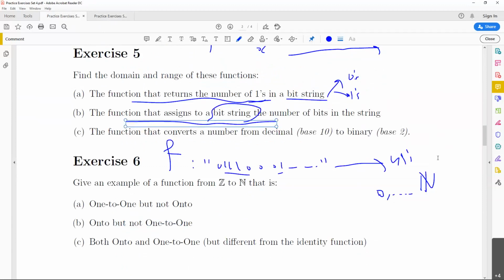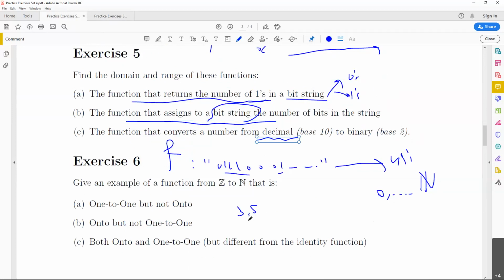Last one, the function that converts a number from decimal base 10 to binary base 2. So here decimal, they don't mean decimal like 3.5 or like the points system. It's base 10. This is what you use every day in your life.